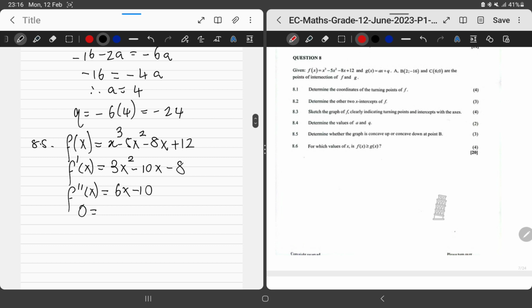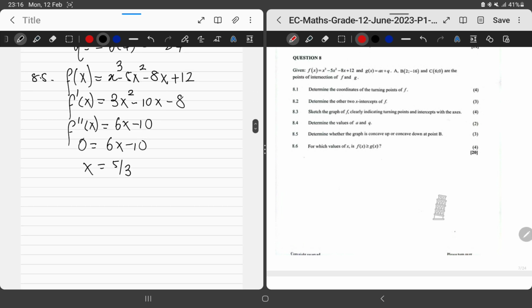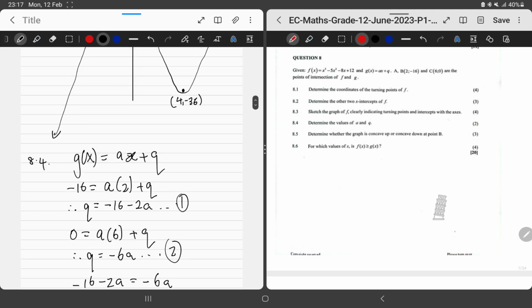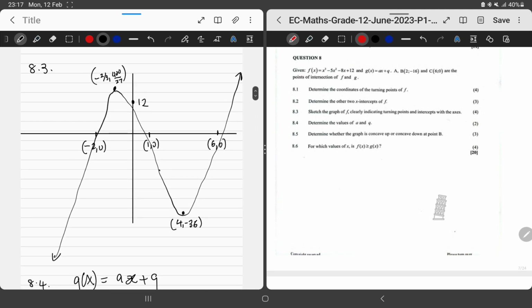And the gradient should be equal to 0 there, -10. So x should be equal to 10 over 6, which is 5 over 3. So you can see that the coordinates of B are (2, -16). So they should be somewhere there.